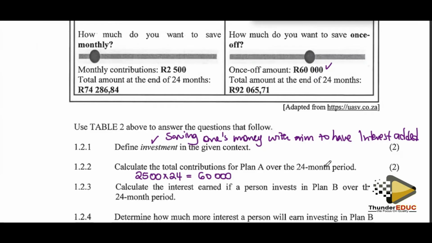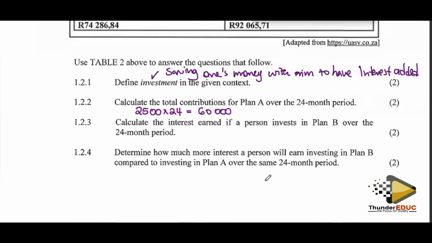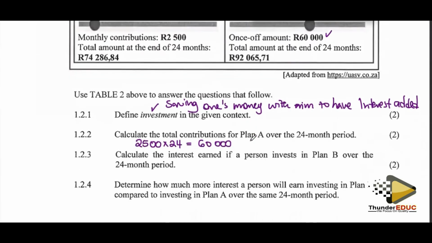Calculate the interest if a person invests in plan B over a period of 24 months. Now, remember, in plan B, one has invested 60,000, but at the end of the 24 months, he has to get 92,065 rand 71 cents.